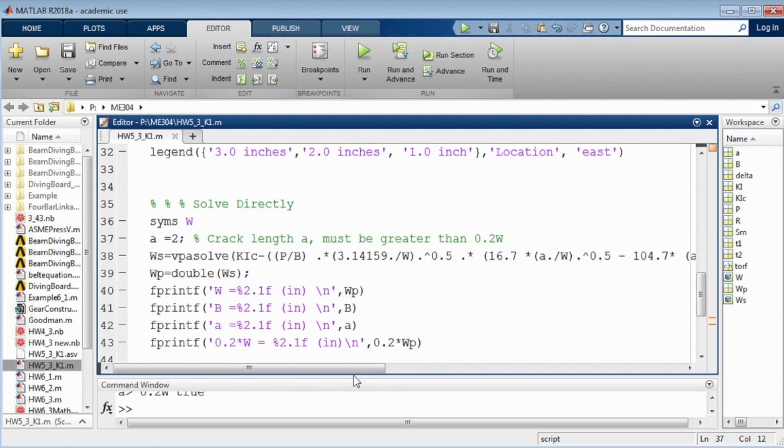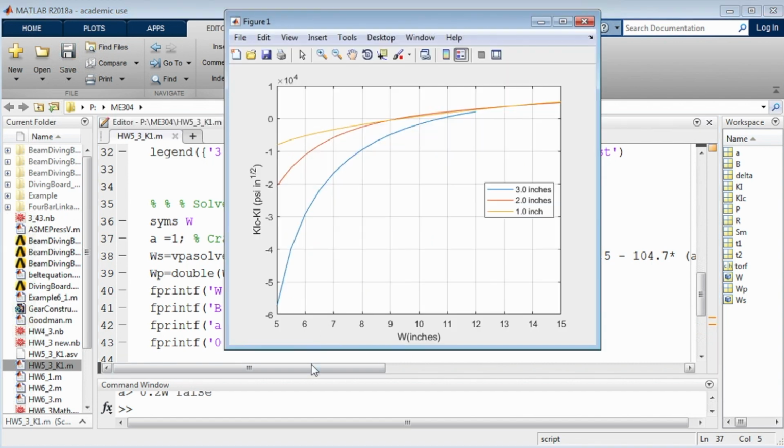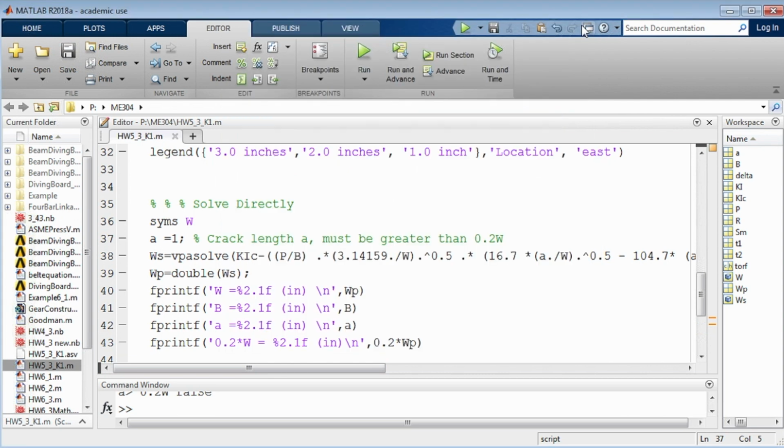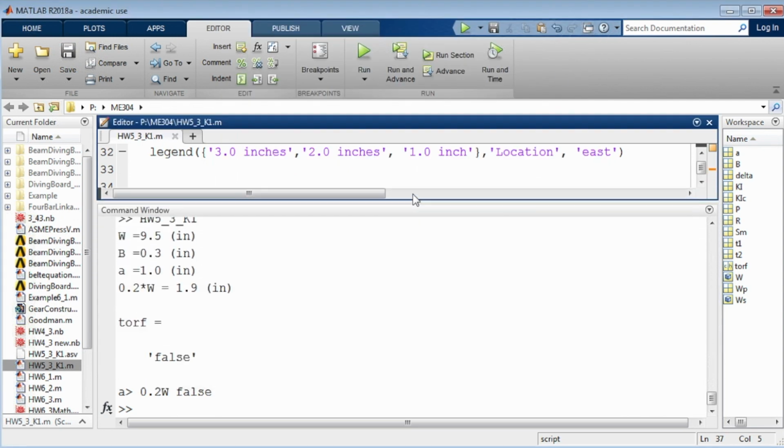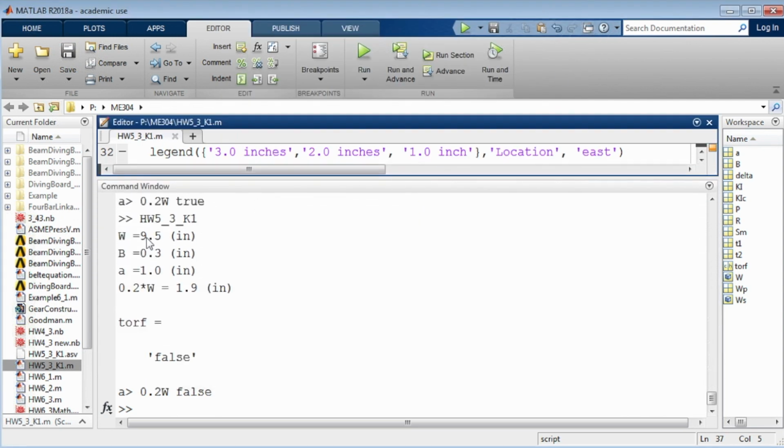So that is a valid solution. Now let's try A equal to 1. So W is 9.5 and 0.2W is 1.9, which is greater than our value of A, which was 1 inch. So therefore this is not a valid geometry.